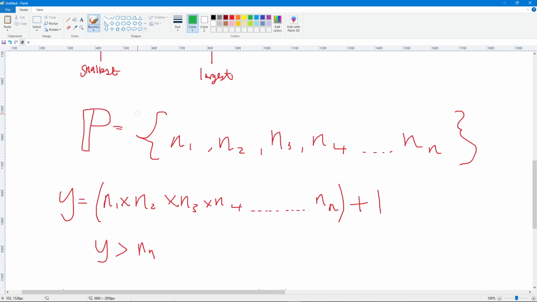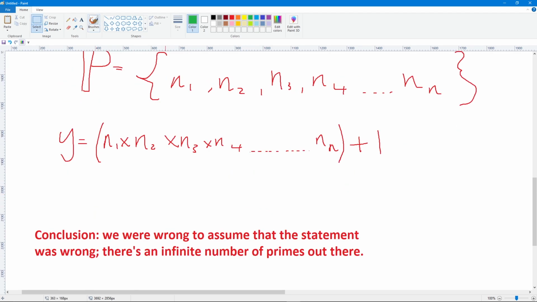Well, what happens if we try to divide y by a prime? Well, y divided by, let's just say n1, is going to yield a remainder of 1. Y divided by anything, nn, is going to yield a remainder of 1. Y divided by n2 is going to yield a remainder of 1.